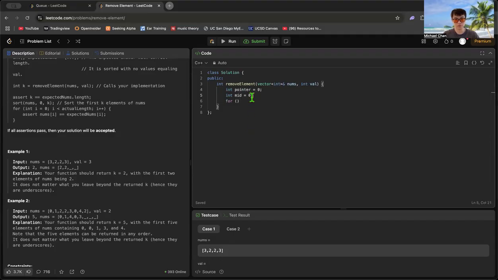And i equals 0, and i is smaller than nums size, plus i.